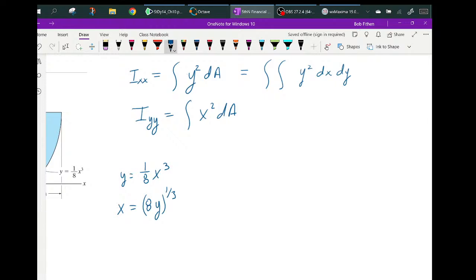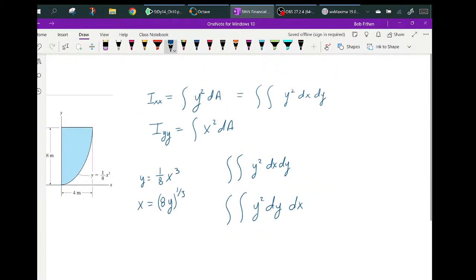I don't know that it really matters, and I may stumble a little bit here. So the key is, which one do you do? dx, dy, or do you do dy and then dx? That's a good question.